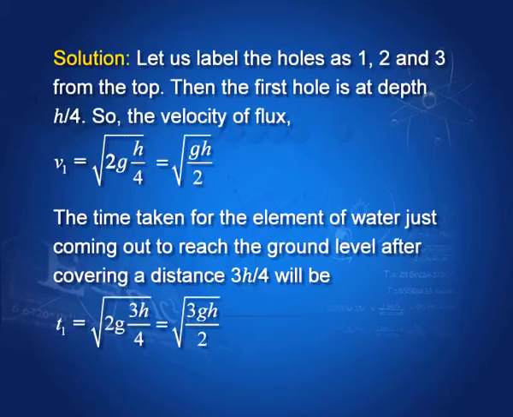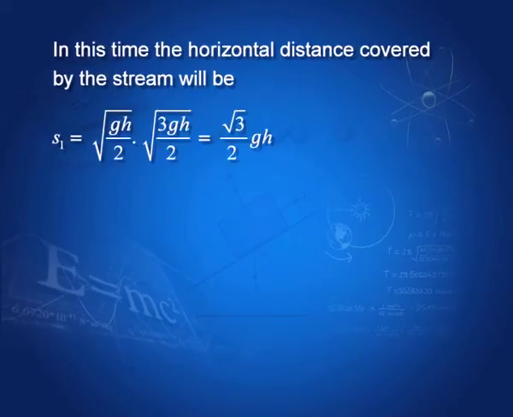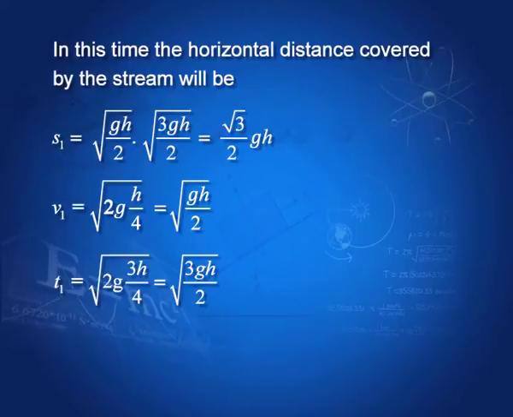So, from this we get T1 as root of 3h by 2g. In this time, the horizontal distance covered by the stream will be S1, which would be equal to V1 times T1. You can multiply these two and you will see it is root of 3 by 2 into gh.